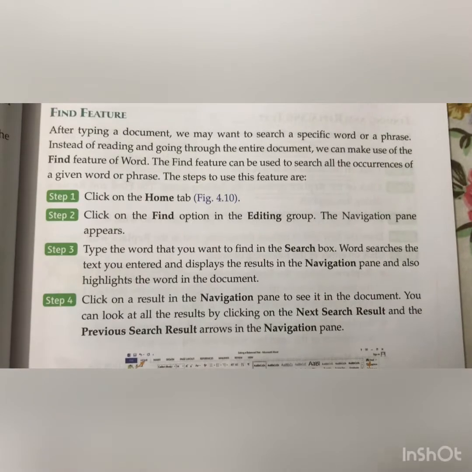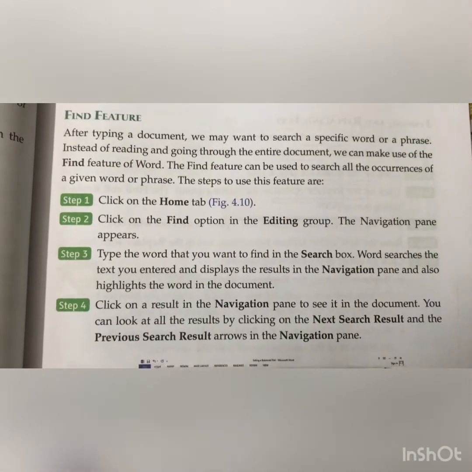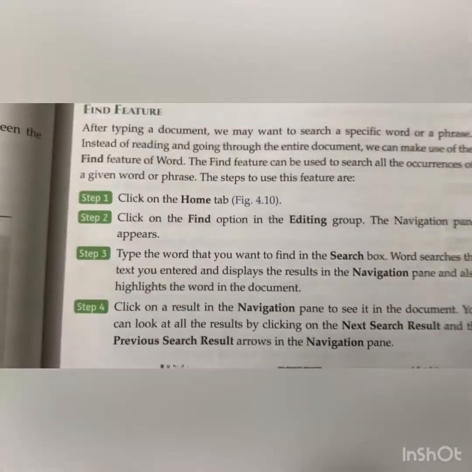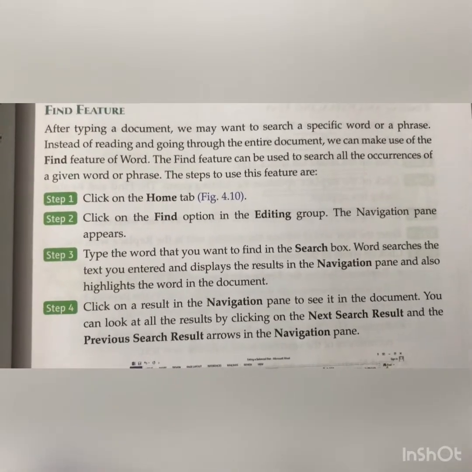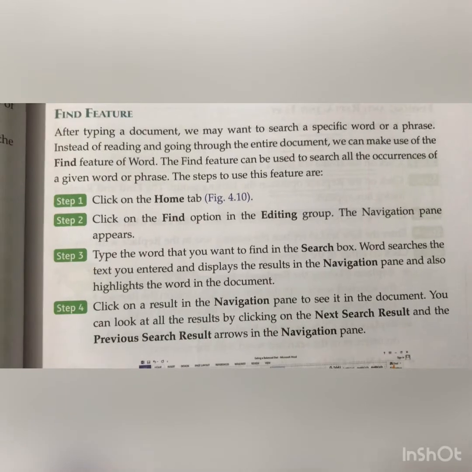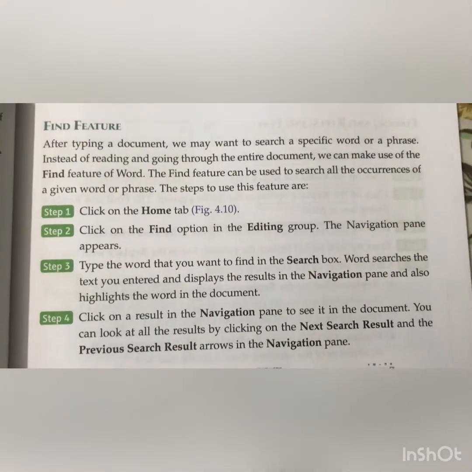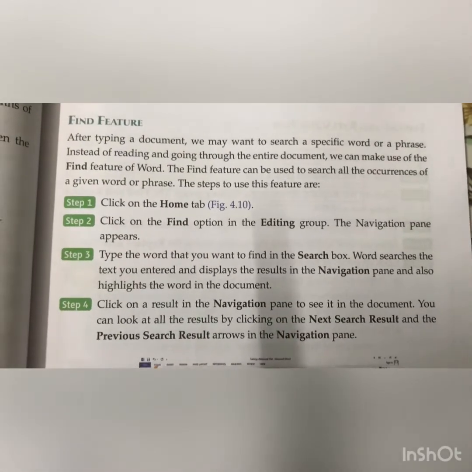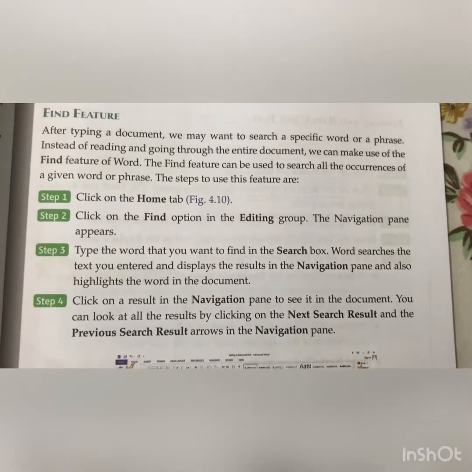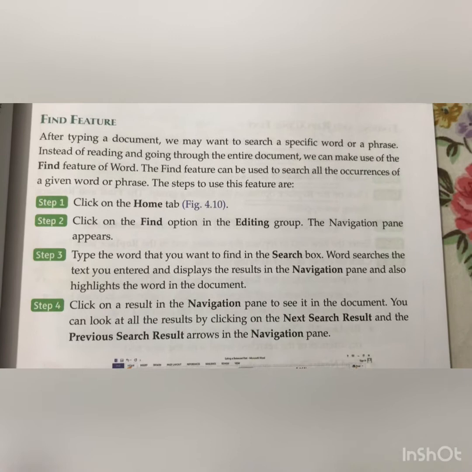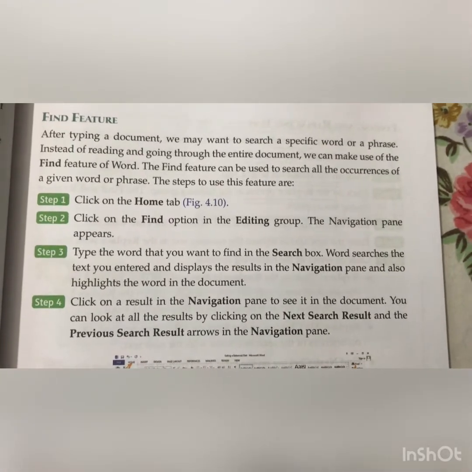Students, we are going to see the next feature of Word, that is the Find feature. Find feature means, for example, there are a lot of paragraphs in our Word file, and I want to find some word or some group of words. So I can use the Find feature. The steps are: first of all click on the Home tab.